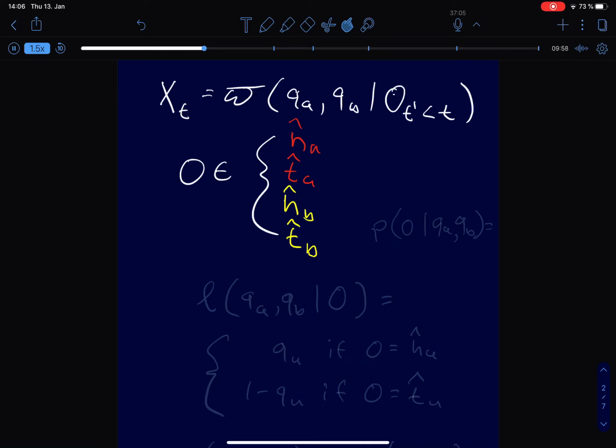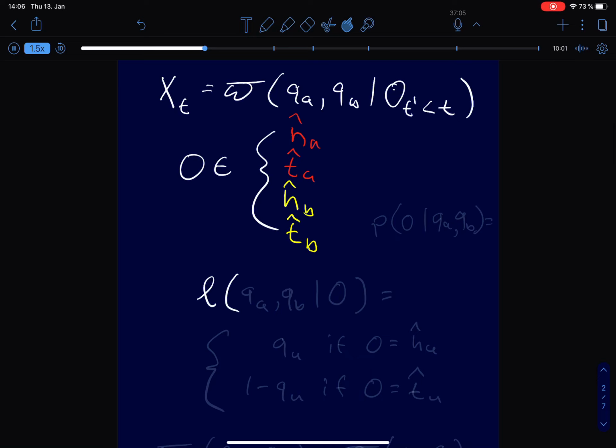The likelihood for our qA and qB, given an observation, is just equal to qU if O equals heads on U. So if you see a heads, your likelihood is just qU, and if you see a tails, your likelihood is just 1 minus qU.